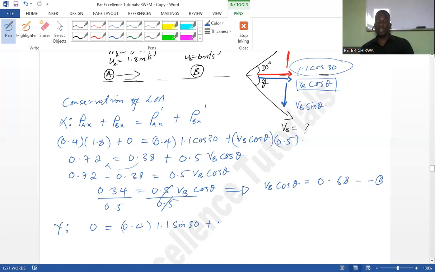Now, the second ball, you can see that the velocity is pointing downwards, which is negative. So we're going to have negative VB sine theta.